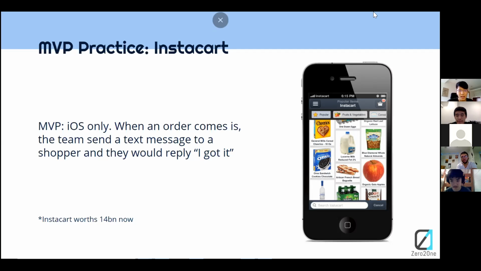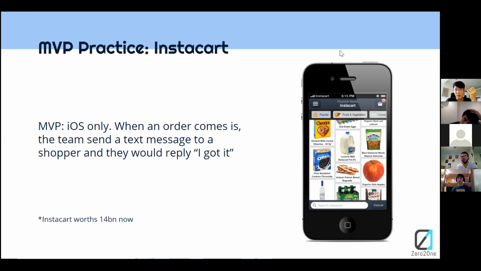They didn't really care about the backend or service stuff, because when an order came in, you couldn't even choose from any store. You could only choose the key ingredients, just like what Adam said. When the order comes in, they have a team in that one single store who send a message to the people buying stuff, and then they just buy stuff for the people.